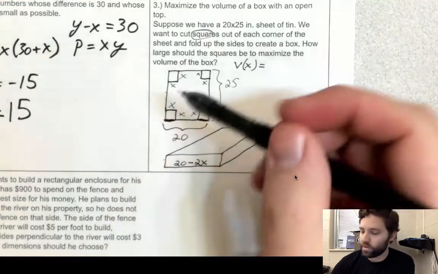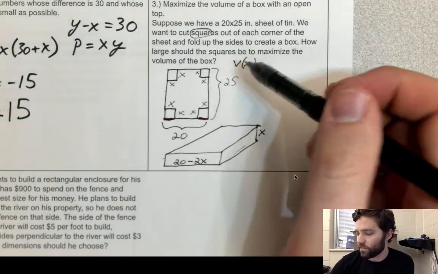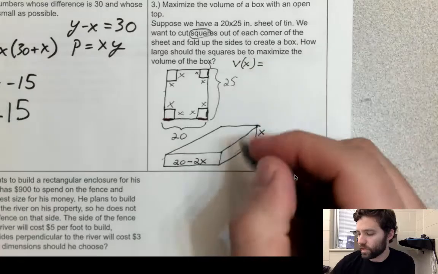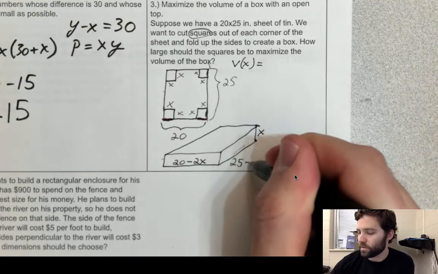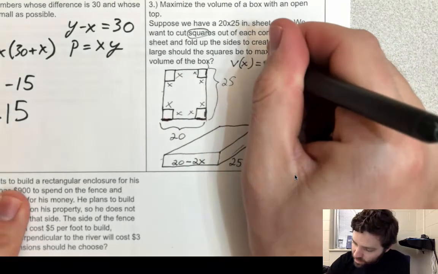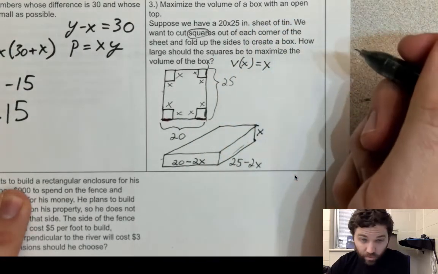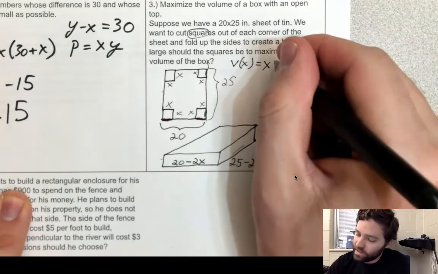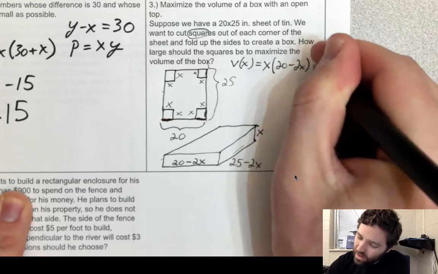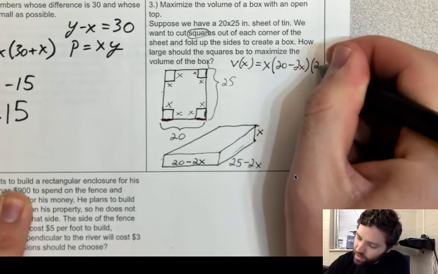And then the question is, well, what's the length of this side here? Same kind of reasoning. It'll be 25 total minus x and another x, so 2x's. So 25 minus 2x. Okay? So our formula for volume then will be length times width times height, right? Or base times the height. So x times 20 minus 2x times 25 minus 2x.